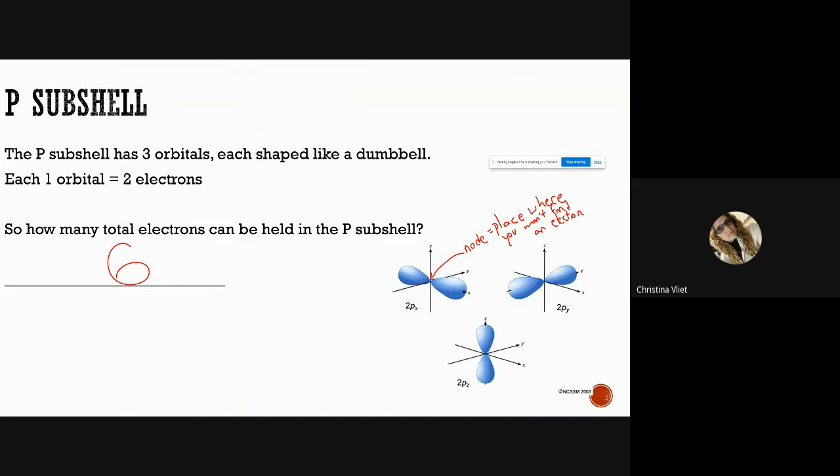Electrons always fill into the lowest energy possible. So S will always get filled first in an energy level for that reason.